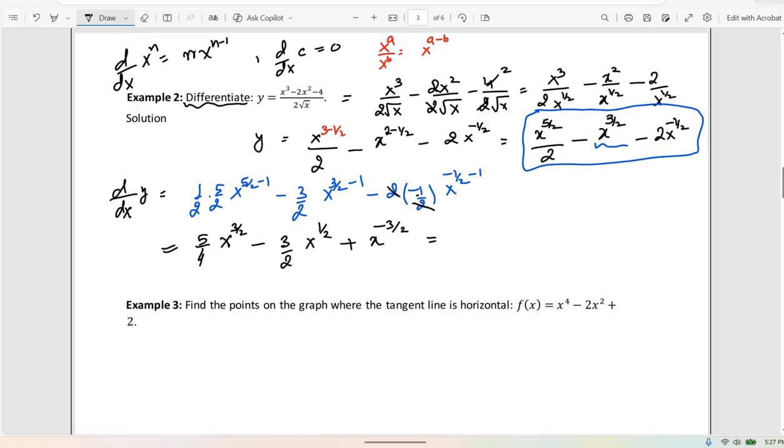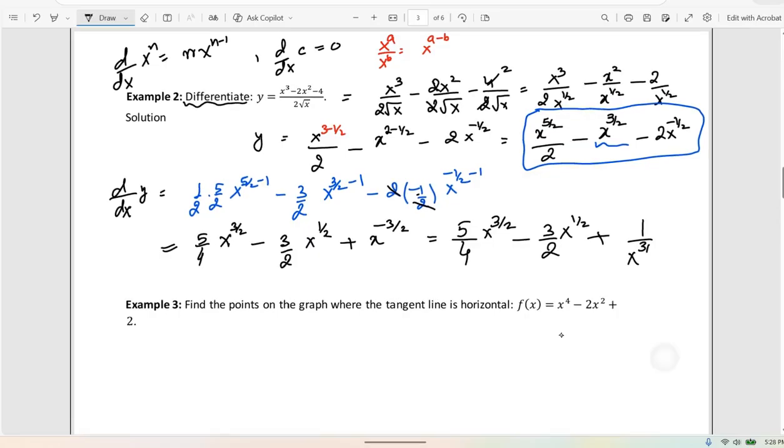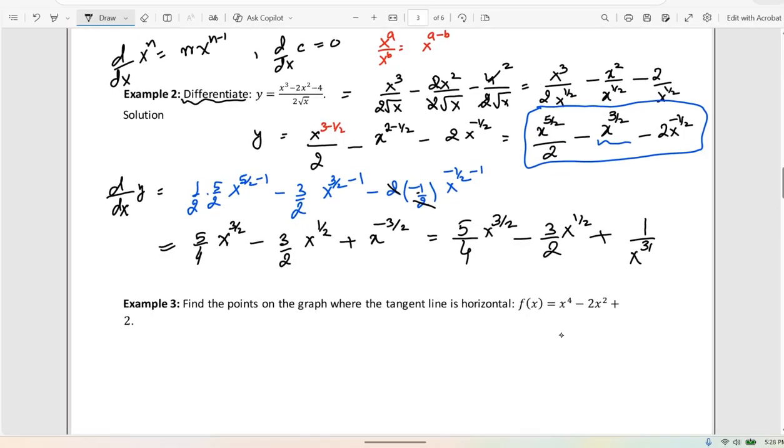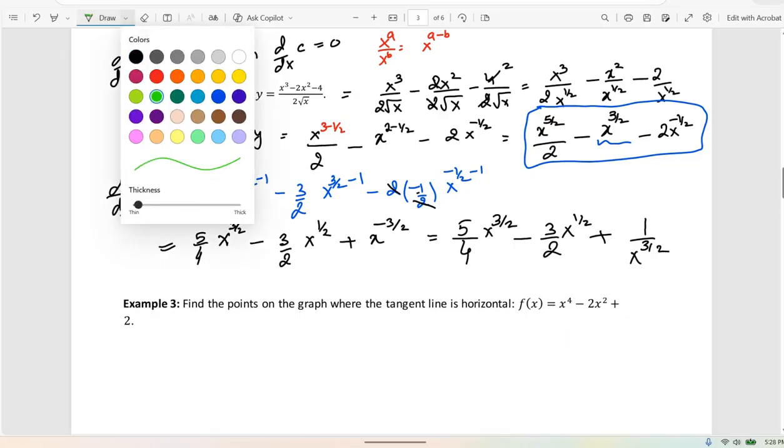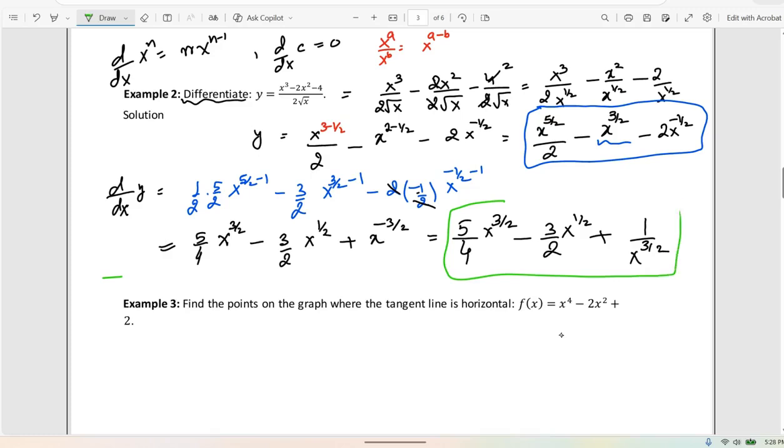You can either leave it here or sometimes books like to write conventionally positive exponents. Something like this. That should be your final answer. Okay.